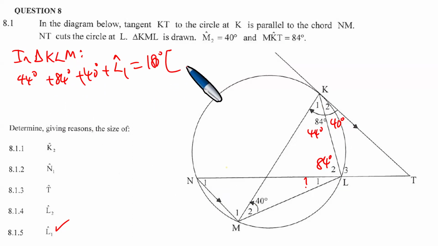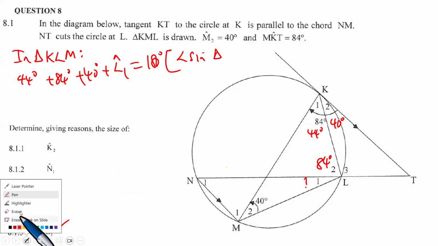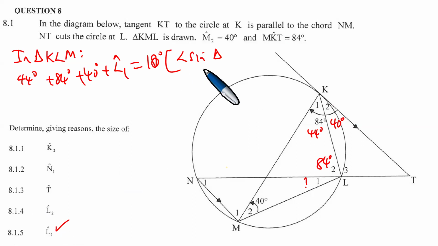Why? Angles in triangle. It's also acceptable to say, in short, angles sum in triangle. With this we're able to do algebra.